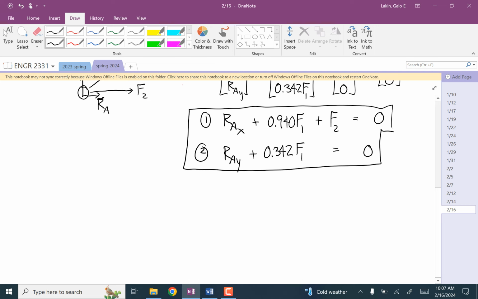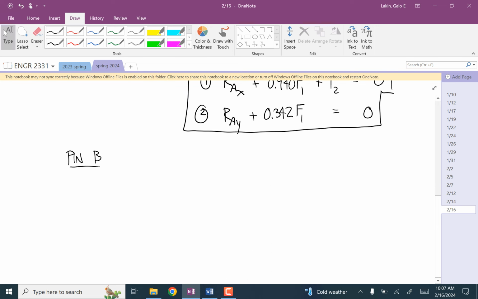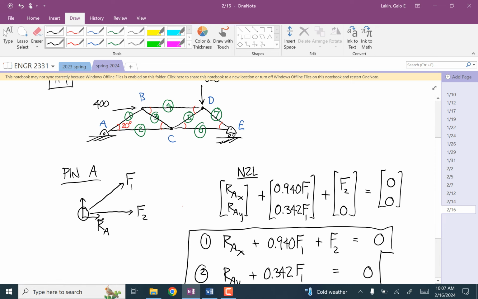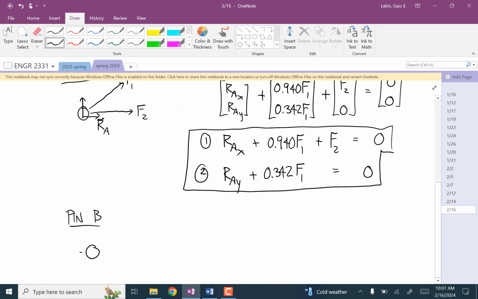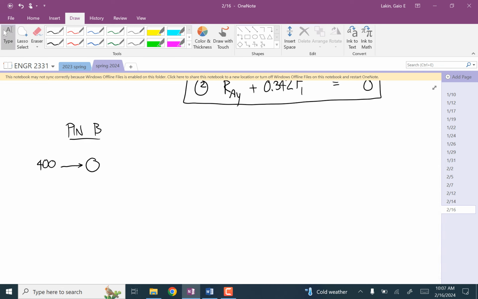Then we'll go to pin B. The forces here: we have the 400 Newton force. And then we have F4.